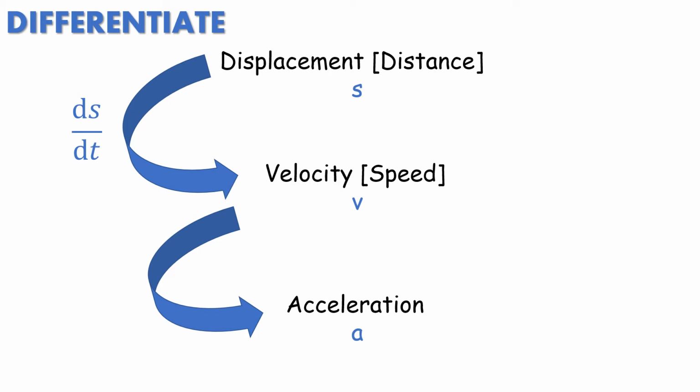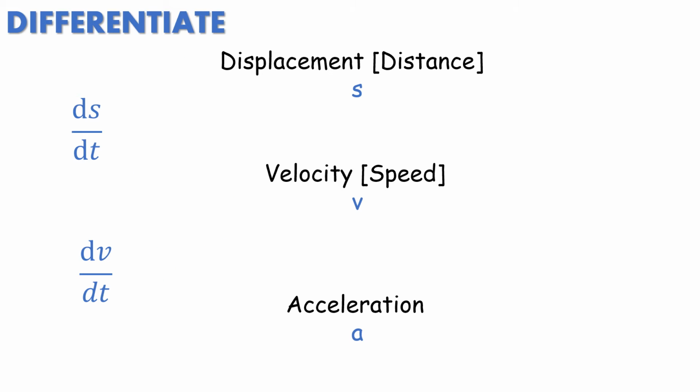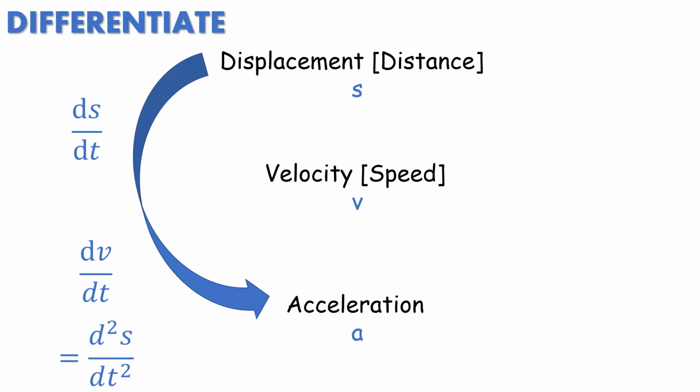If I want to move from velocity to acceleration, again, I'm differentiating my velocity with respect to time, dv dt. And there's another way we could think of this, which is imagine going straight from displacement to velocity to acceleration, which is we differentiate s and then we differentiate that answer, which would give us a second derivative of s.